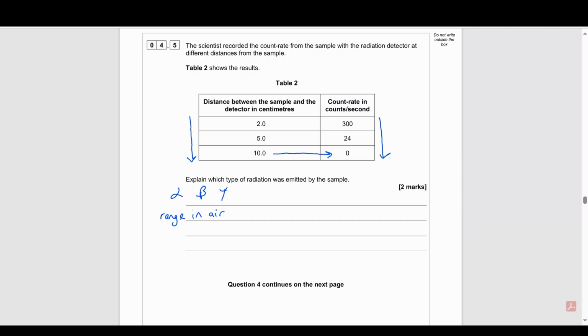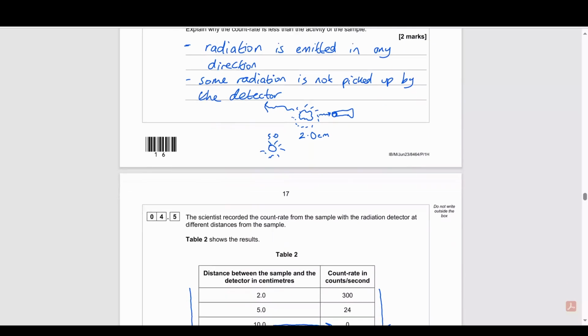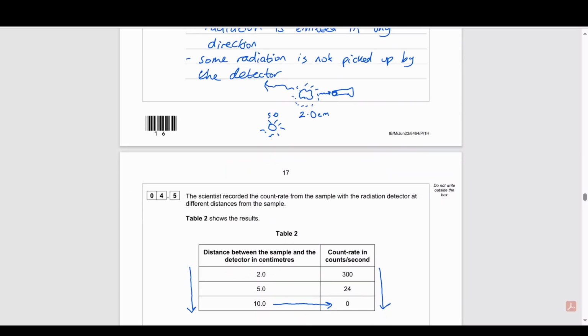Because if we think about our previous picture, what we're doing now is moving the sample further away from the detector. So imagine that this first situation was 2 centimeters, then we've got another one at 5 centimeters, and then our third situation is at 10 centimeters.